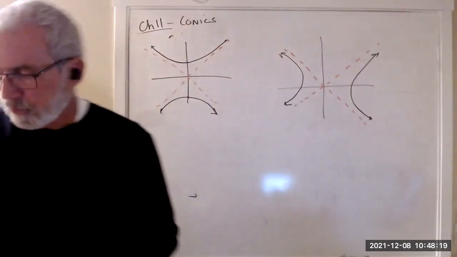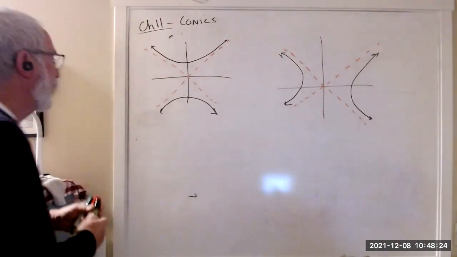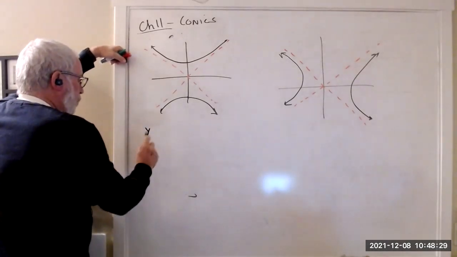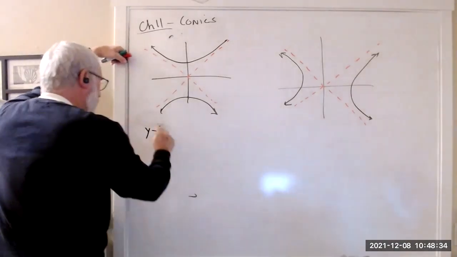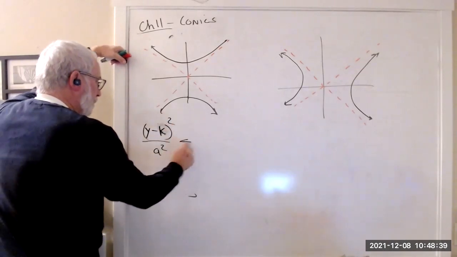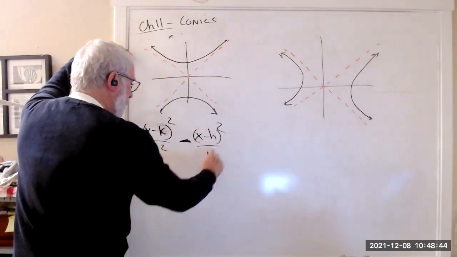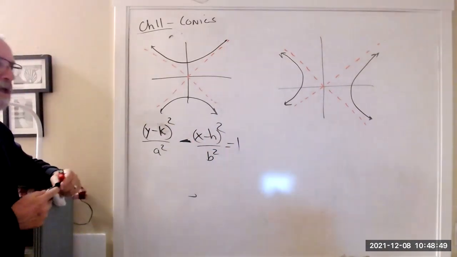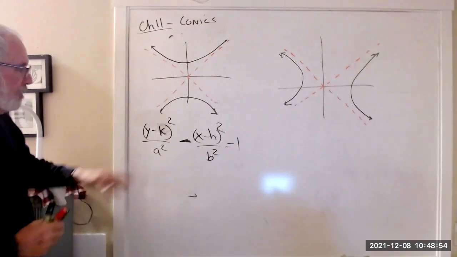Now, what makes hyperbolas go up, down, sideways? Well, the equation for an up-down hyperbola looks like this.